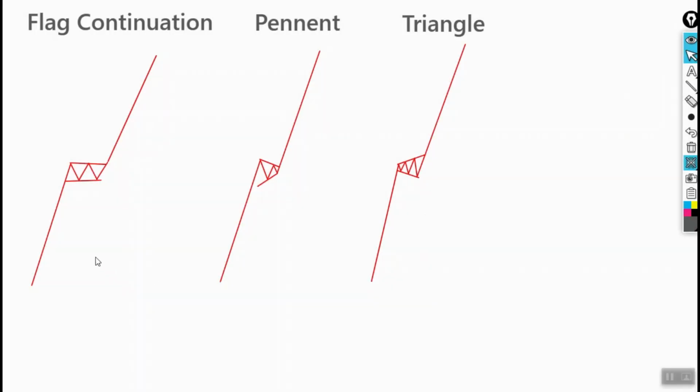Right, so as you can see on your screen, we have the flag continuation, the pennant continuation, and the triangle continuation. The names of these patterns are self-explanatory to some degree.